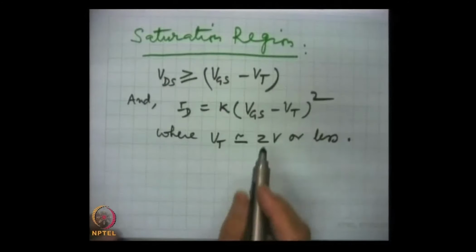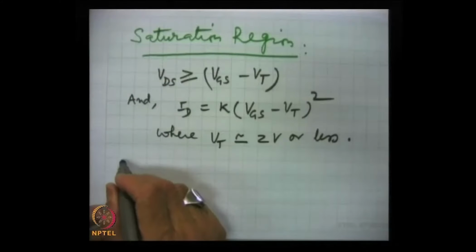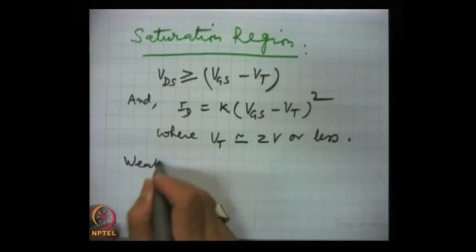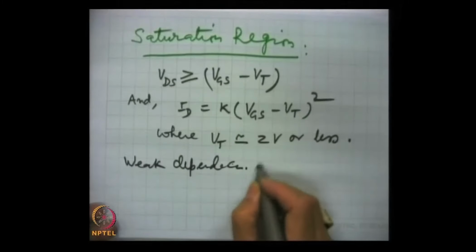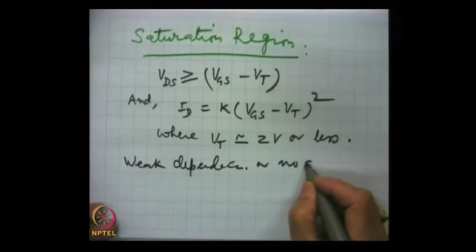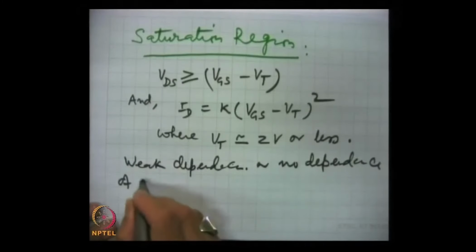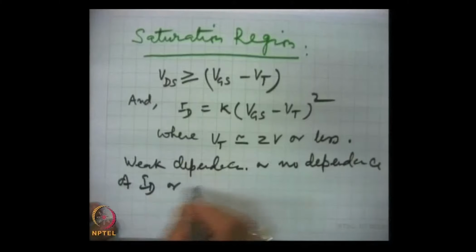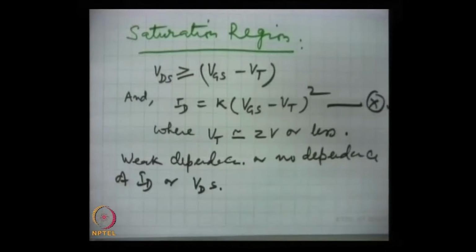So, in this region there is a weak dependence or no dependence of ID on VDS.